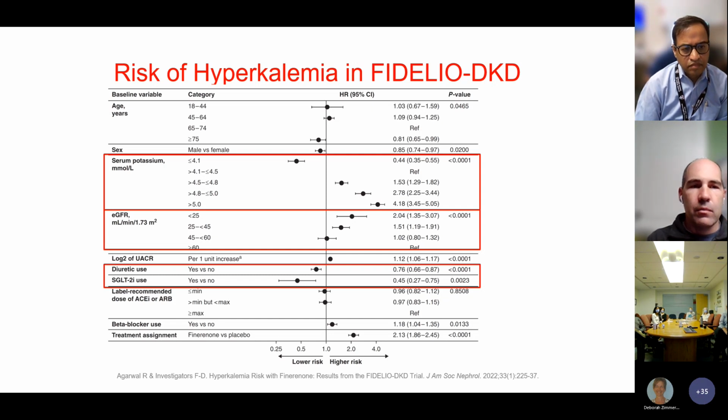I think that makes sense. A lower GFR puts you at higher risk. The real interesting thing from this is that if you use a diuretic of any sort, either a loop or a thiazide, or if you use an SGLT2 inhibitor, you're protected from the hyperkalemia risk.